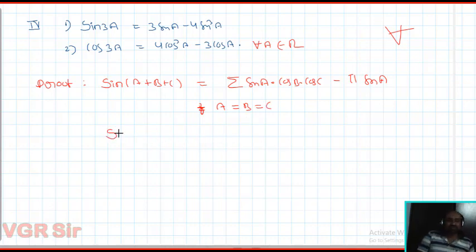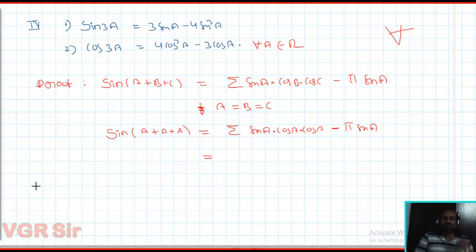Observe here: sin of a plus a equals sigma sin a into cos a into cos a minus pi into sin a.